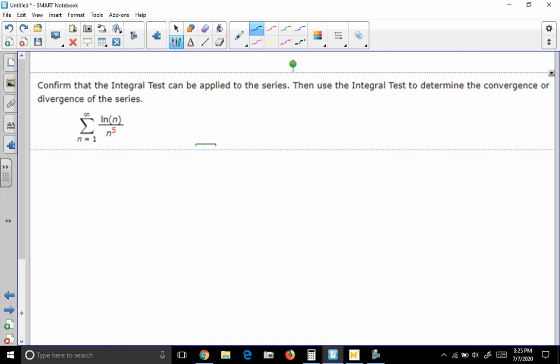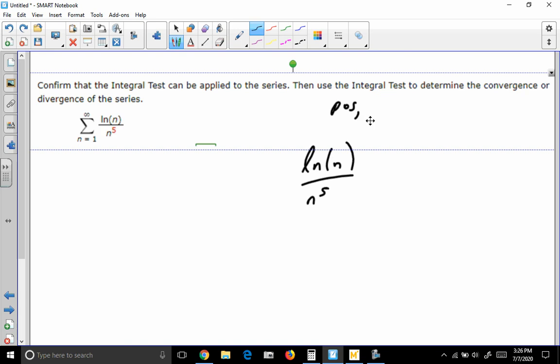All right. Here again, they ask us whether we can use the integral test for this one. This is always going to be positive. If n is a positive number, the denominator is always positive. The top is always positive.